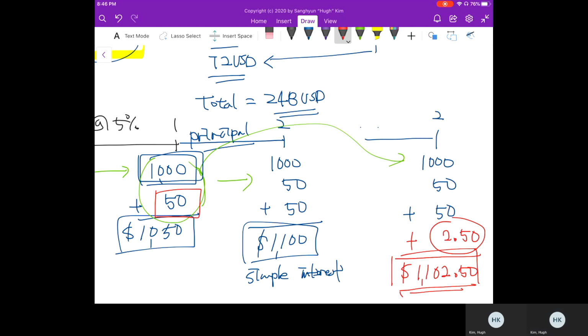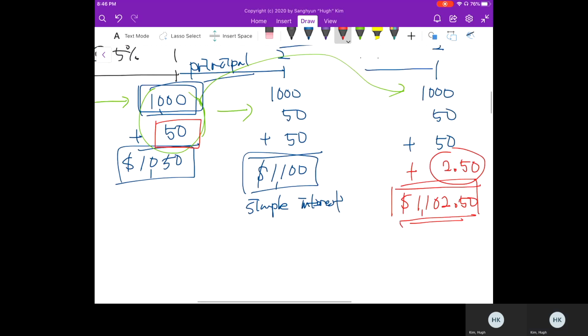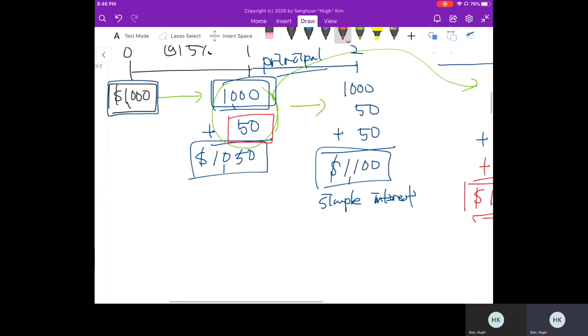So let's formalize this. Using simple interest, in year 1, you have the principal plus you earn interest, the present value times R, that's at time 1.